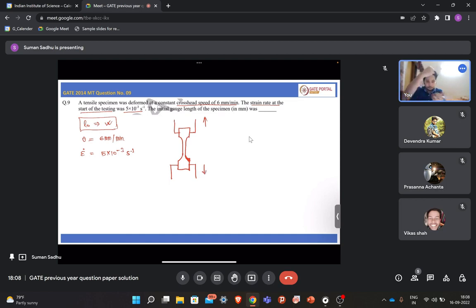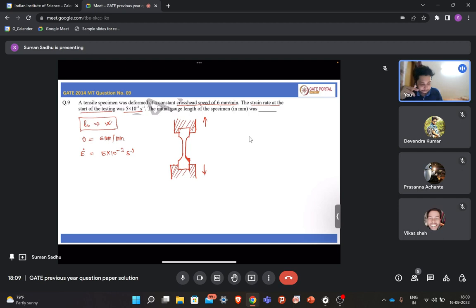These two grips are called the crosshead. The movement speed of these two grips is called the crosshead speed. So your machine is basically pulling your sample like this.